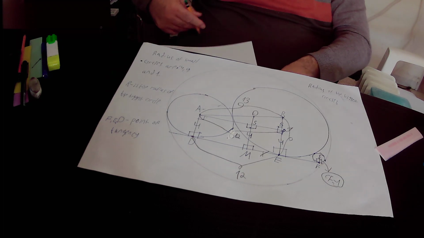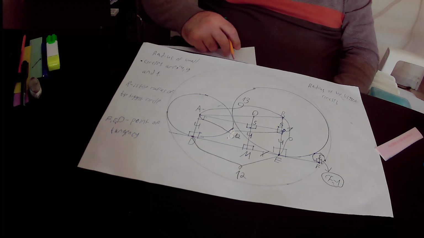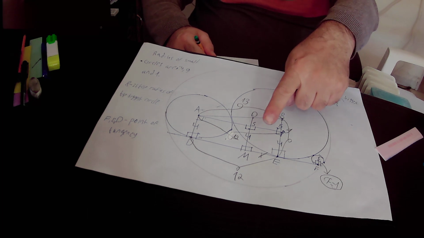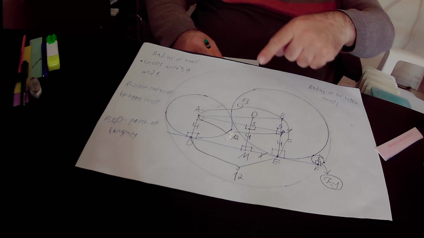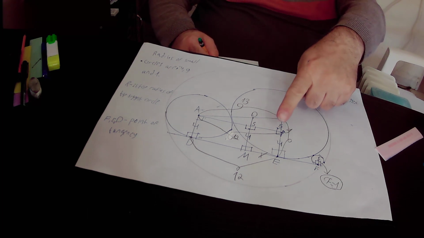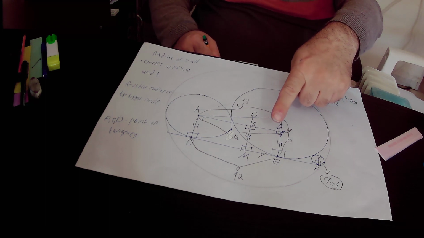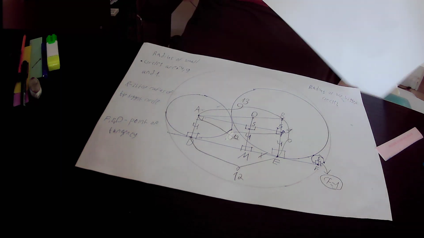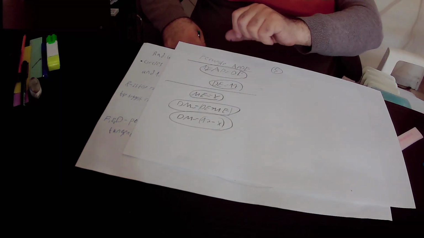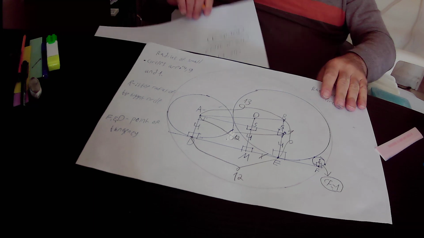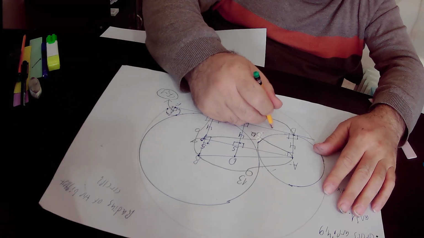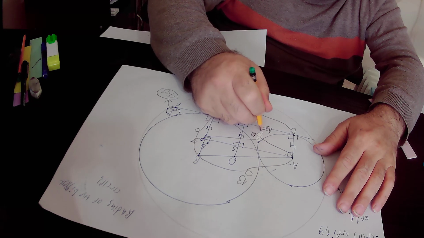So DM is equal to DE, that is equal to 12 units, minus ME, that is equal to X. So in conclusion, we found out that DM is equal to 12 minus X. So we can write here that DM is equal to 12 minus X.